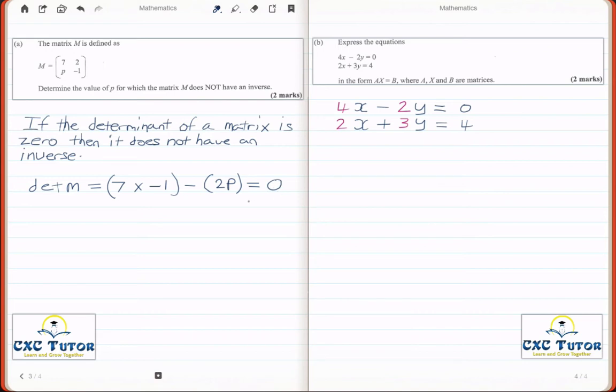Remember, because it does not have an inverse. So all that's left for us to do is to solve this equation. 7 times minus 1 is minus 7, minus 2p is equal to 0.